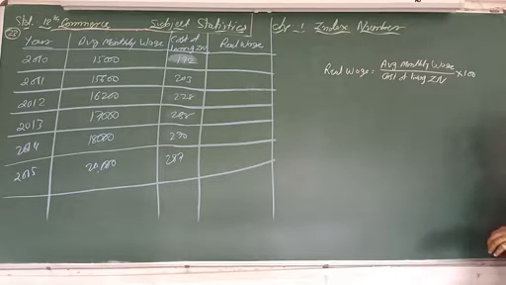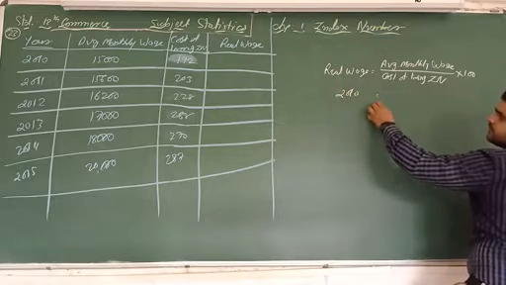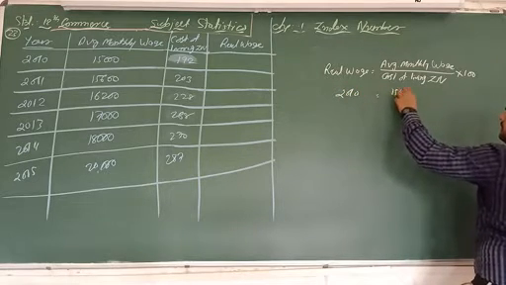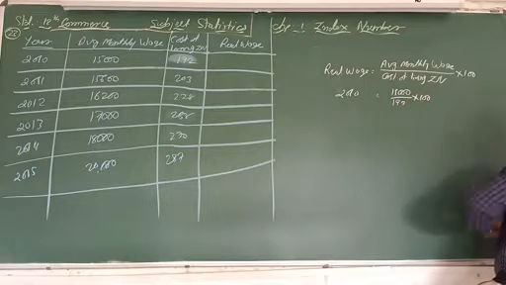So each year we have to find out. For example, for 2010, 15,000 divided by 192 multiplied by 100.